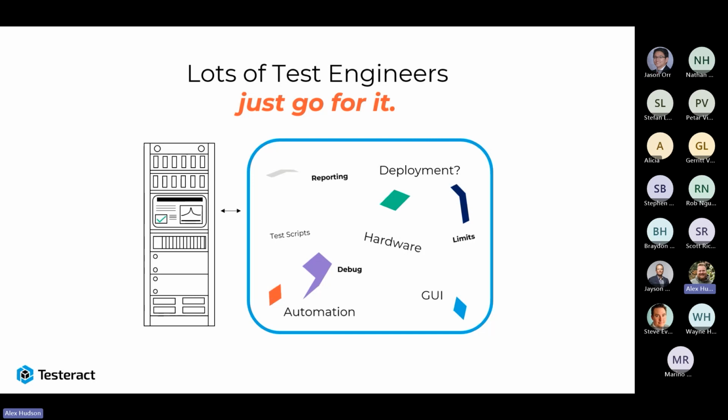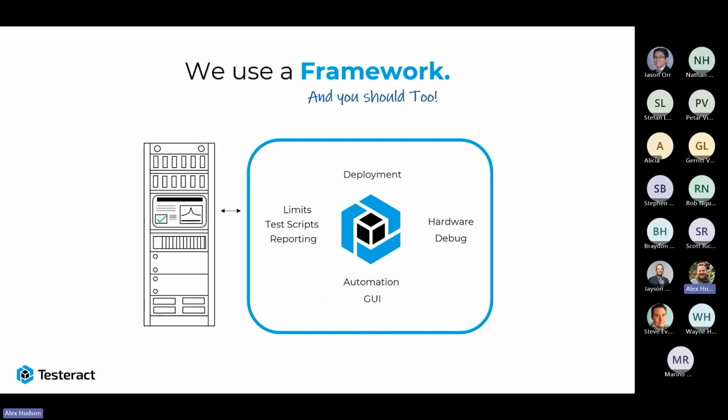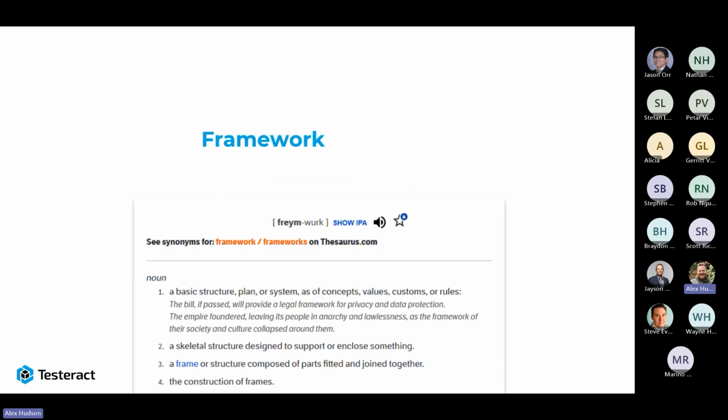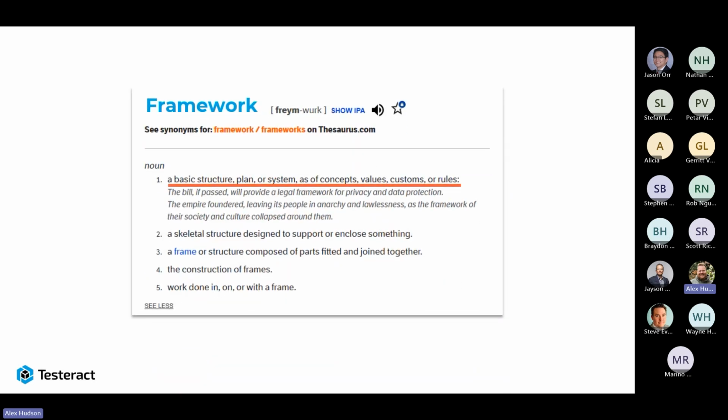Here at Tesseract, we use a framework, and you should too. So we're going to talk about why we use a framework and what a framework is, what that really means. Because framework is an incredibly loaded term. So let's take a little bit of pressure off of the word framework.